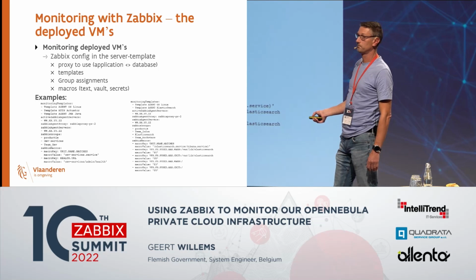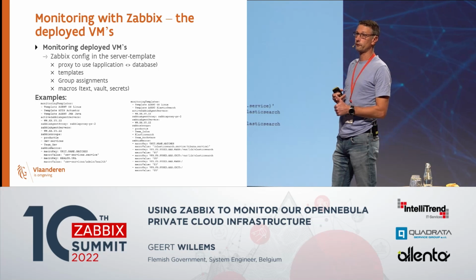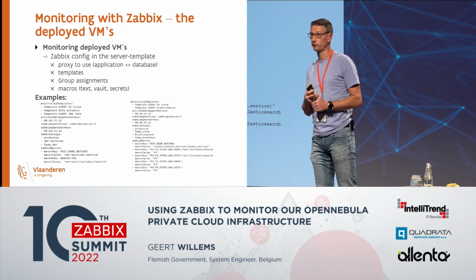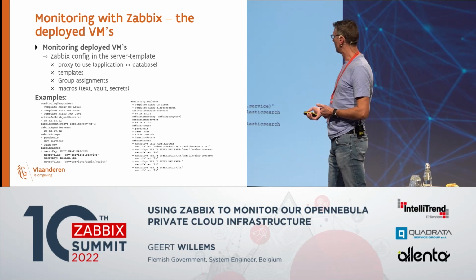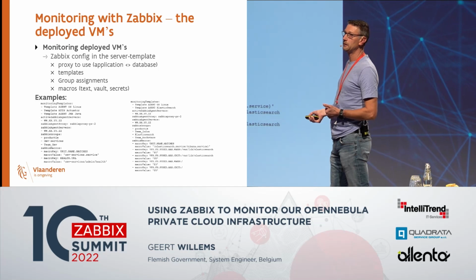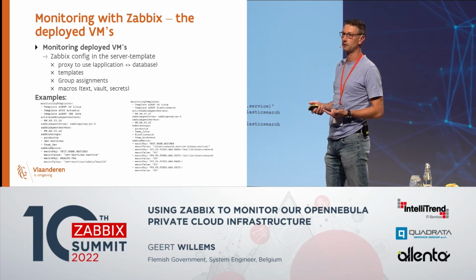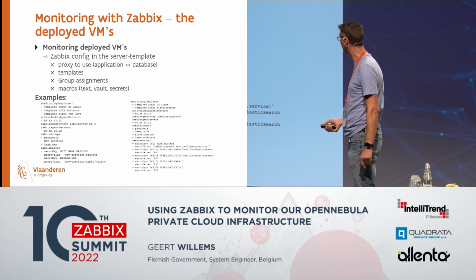Here we have configured the systemd service that should be monitored for the specific application, and the URL in order to check the availability, the status health of the application.